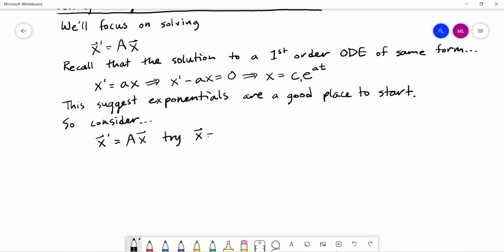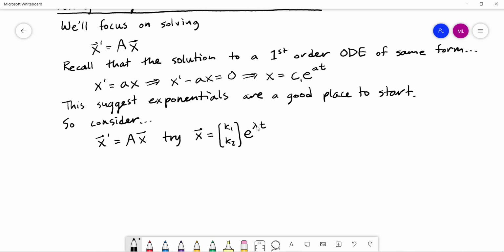Our x vector should look like some exponential, but it needs to be in a vector form, so I'm going to use the constants to be the vector. Instead of c, I'm going to call them k. I think our book uses k, so I'm going to call it k1 and k2. That would just be a constant vector, but we said exponentials seemed like a good place to start, so I'm going to do e to the lambda t.